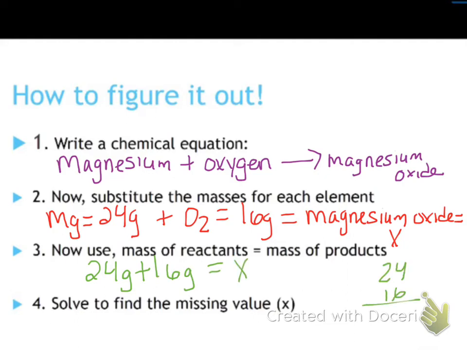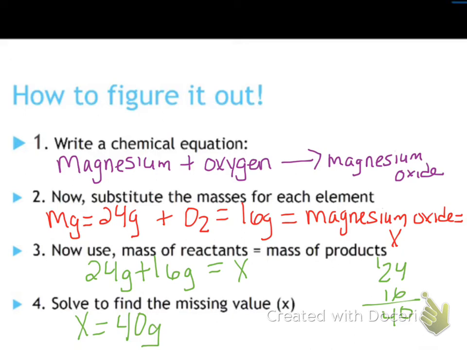You're going to add those together and get 40 grams. So X equals 40 grams. So this one was kind of easy because we knew both of the starting masses, or the masses of the reactants. So then the product had to be 40 grams too. There was no way around it.